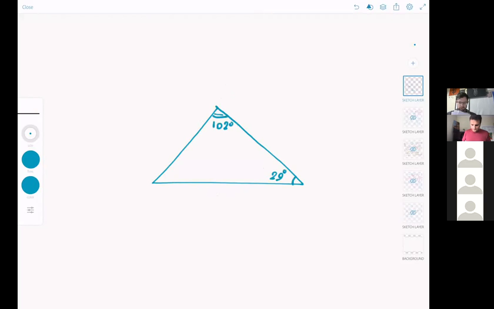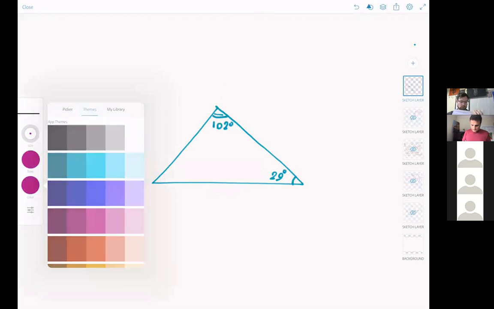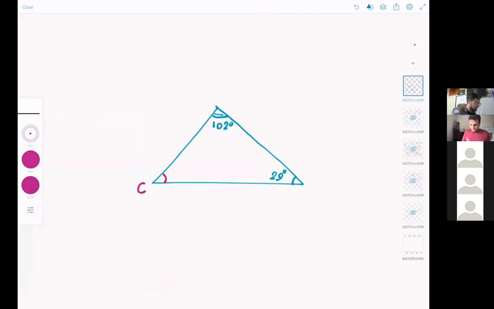We are looking for this, which is C. I'm going to call this one A, and this guy B. This is B. This is C. That's A. And B is given as 28 feet. Now they're saying solve. When they say solve the triangle, that means you need to solve for C.